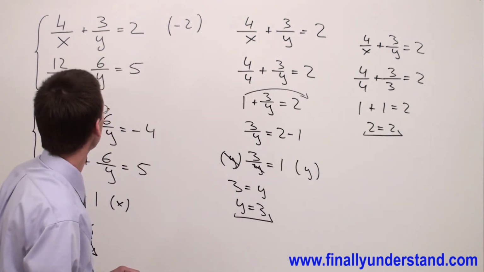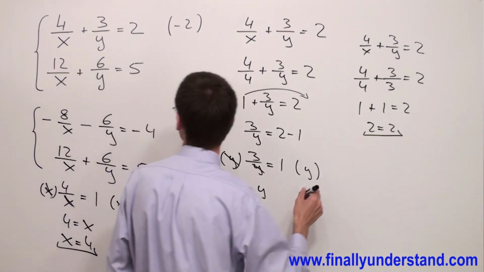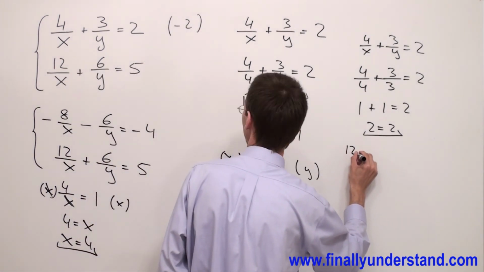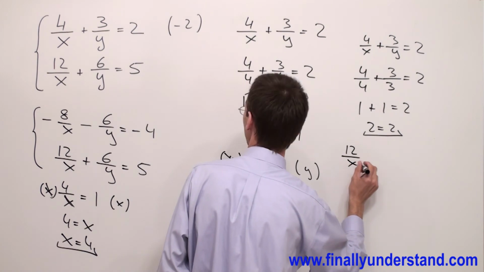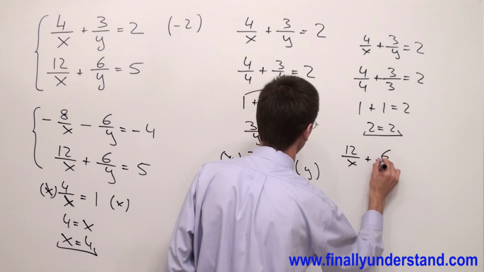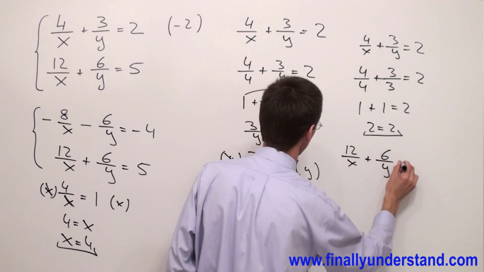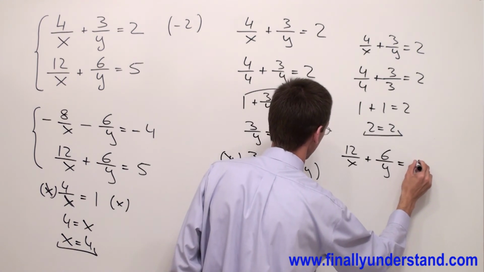Let's check the second equation. We have 12 over x plus 6 over y equals 5.